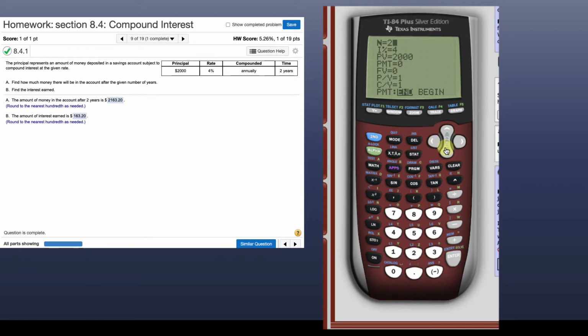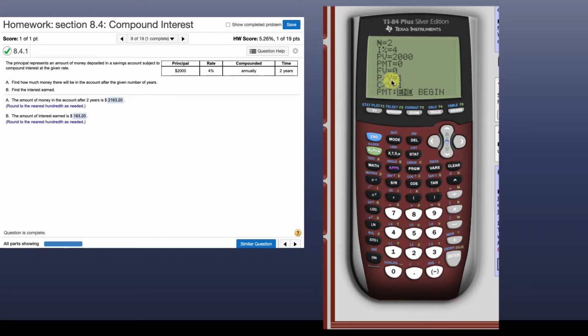If we were doing monthly for 2 years, then that would be 12 times 2, and then I would type in a 24 there. But it's annually. Our interest rate's 4%. Our PV is present value. How much money do you have now? I have $2,000. So we'll put in $2,000. And there's no payments.